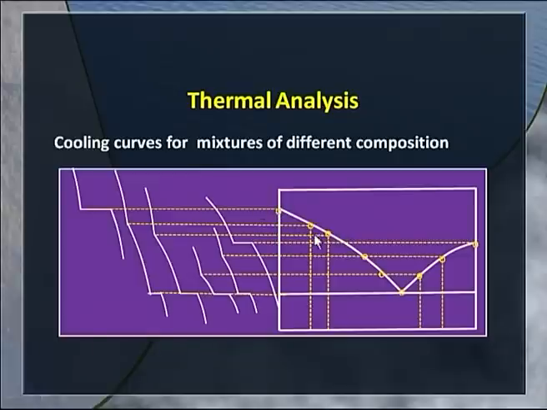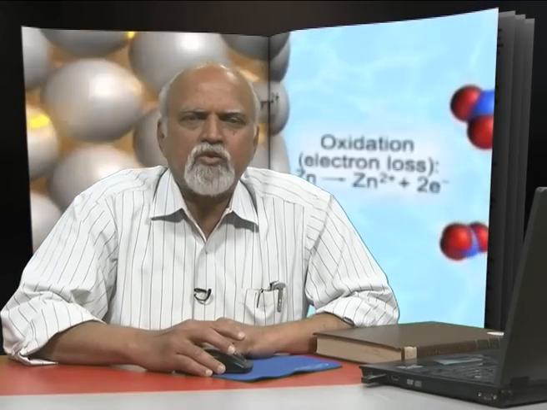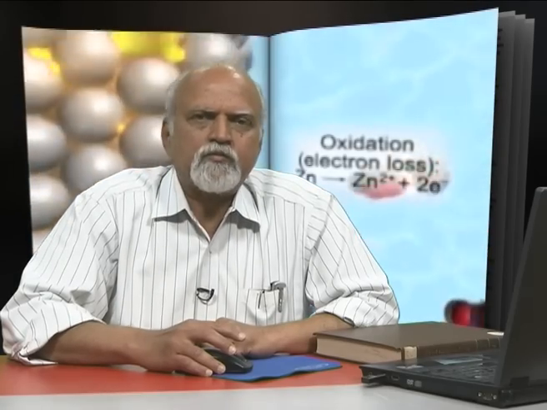Ultimately you are able to trace the curve corresponding to the melting points of solid A containing various amounts of solid B and solid B containing various amounts of solid A, ultimately meeting at the eutectic temperature. So, this must have given you some idea how to construct a phase diagram for a simple eutectic system.